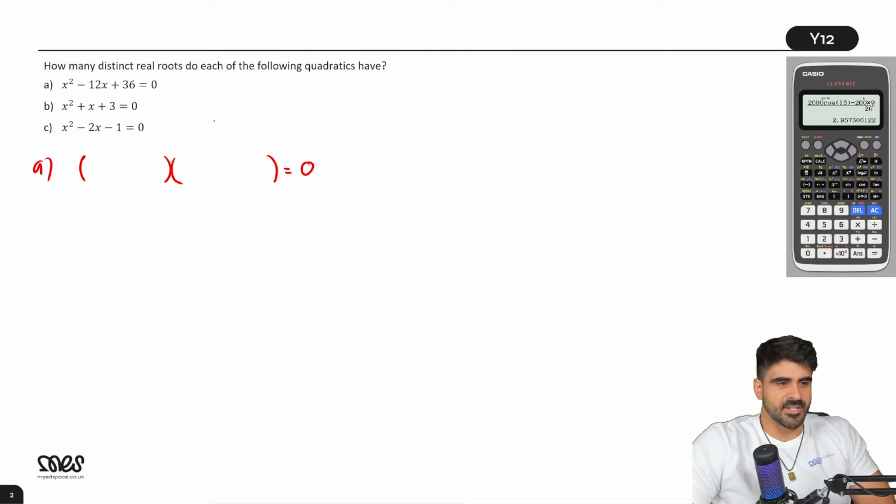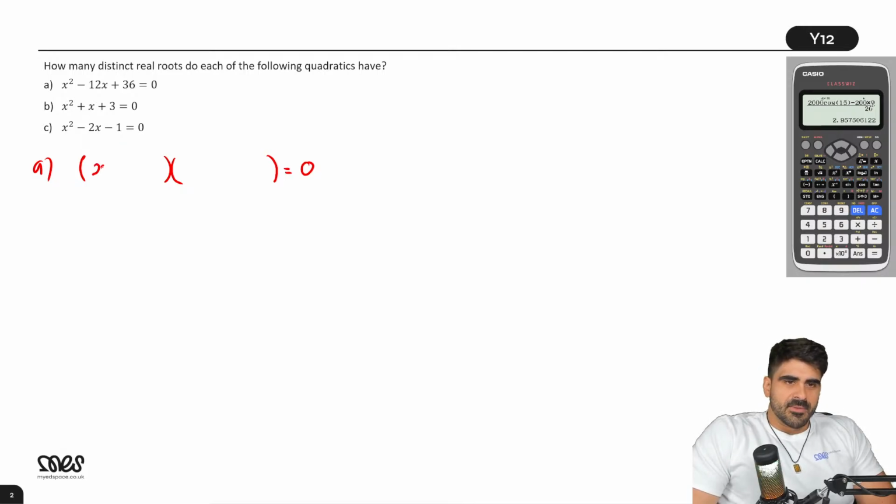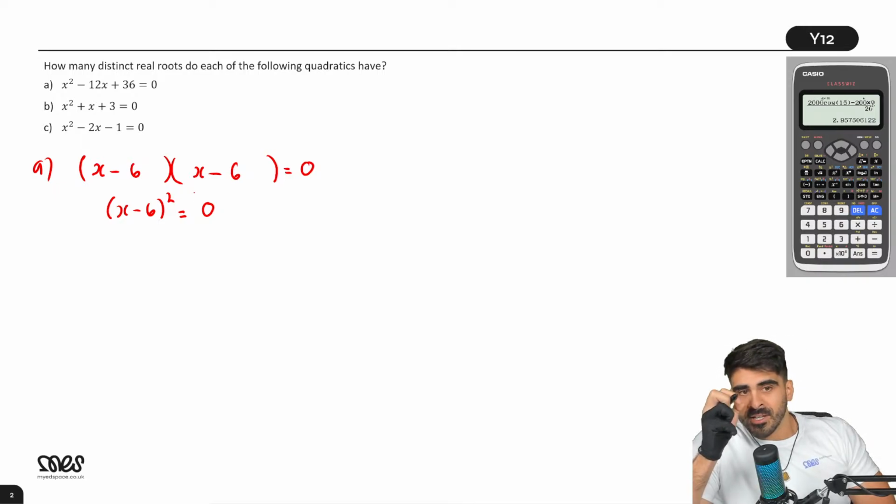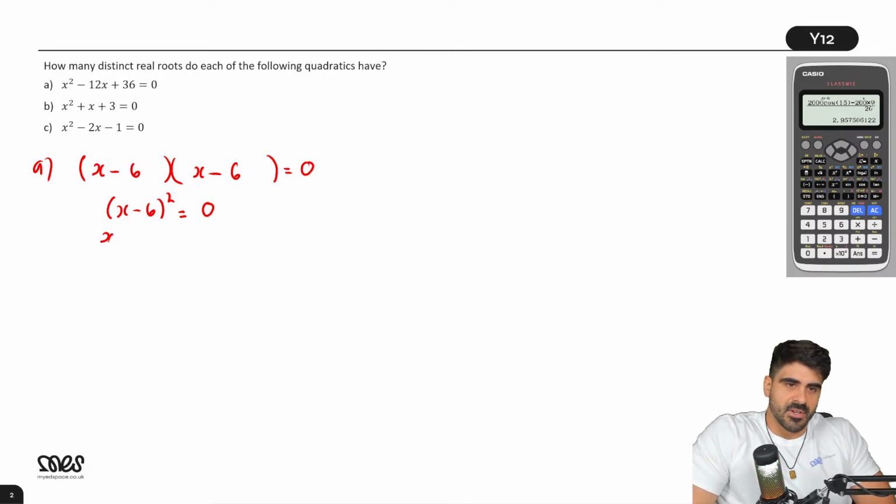Lydia got x minus 6 squared. Uma got the same, so it looks like we're getting the same, right? So x minus 6, x minus 6. So what are the solutions then? If you do get x minus 6 squared, which is 6.